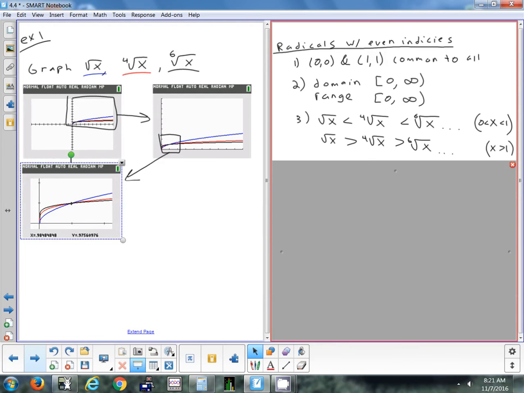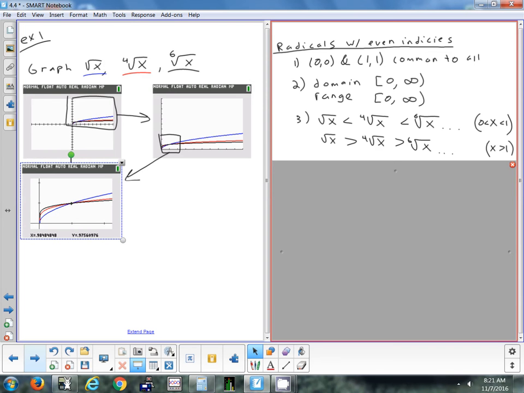And here's the pattern that we looked at visually, just summarized as an inequality. If you look at numbers between 0 and 1, and you take a square root, it is always the smallest. Fourth root would be a little bigger. Sixth root would be a little bigger. Eighth root, even bigger. 10th root, even bigger than that.